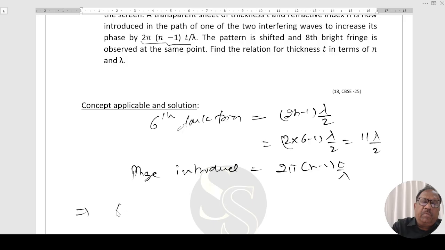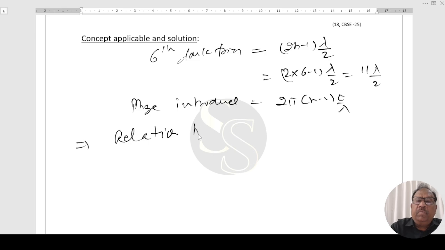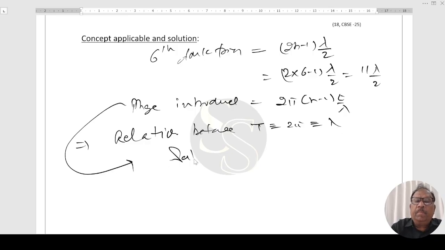You know the relation between time period, phase and wavelength. Then corresponding to this, new path difference will be introduced, (n minus 1) into t.